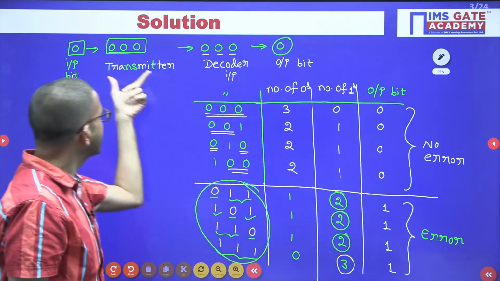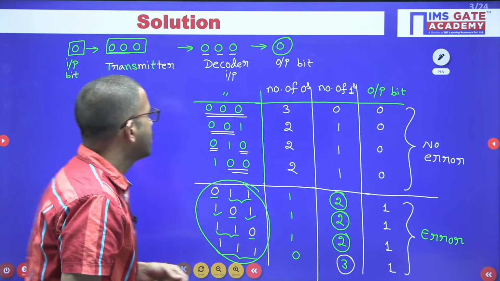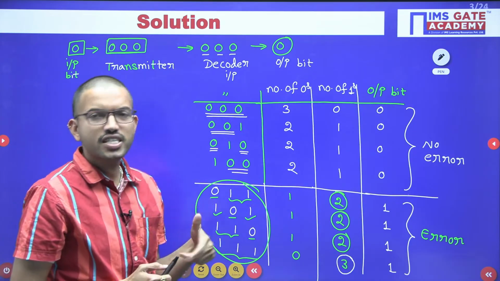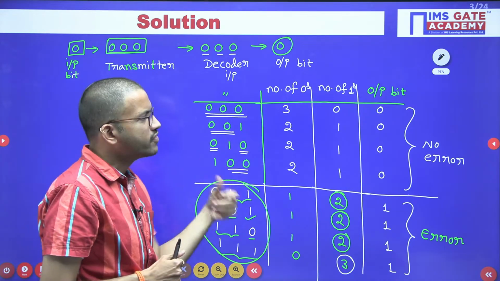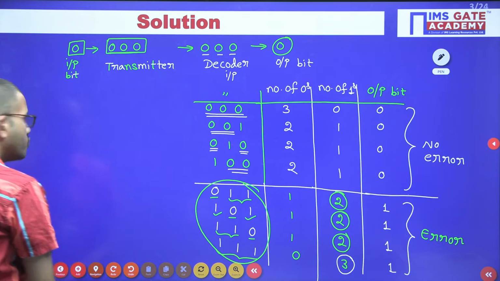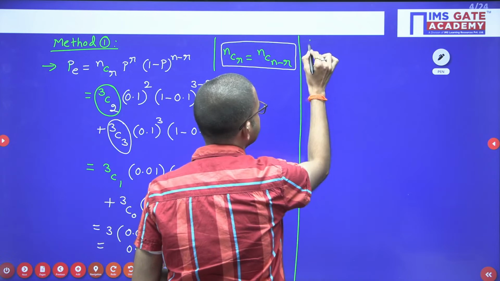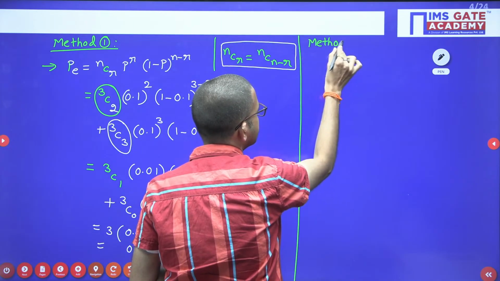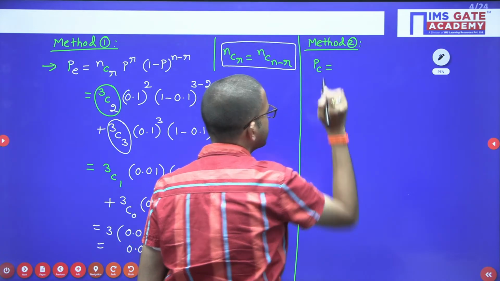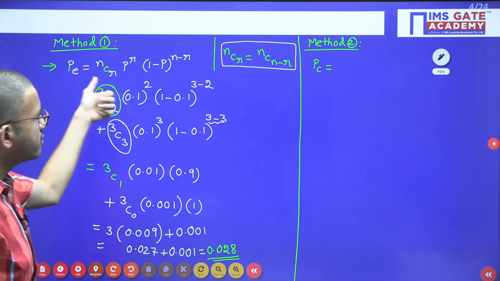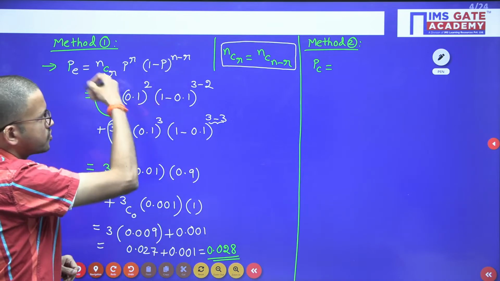So first let us calculate the probability of getting the correct value, which I am labeling as P suffix C. Earlier I mentioned probability of error, now I have mentioned probability of correctness. A similar formula we will use.